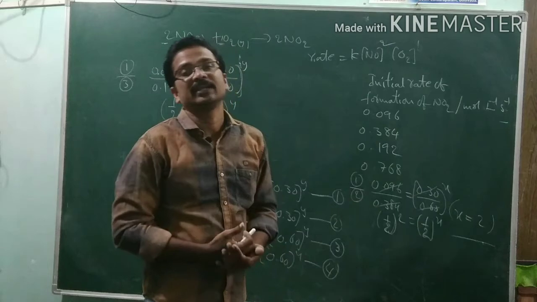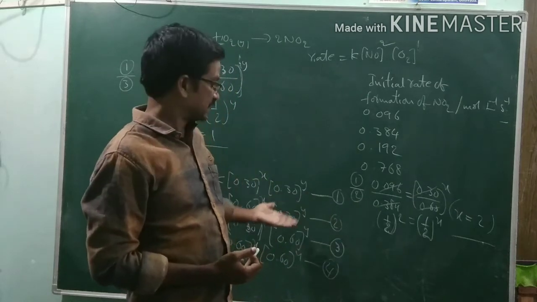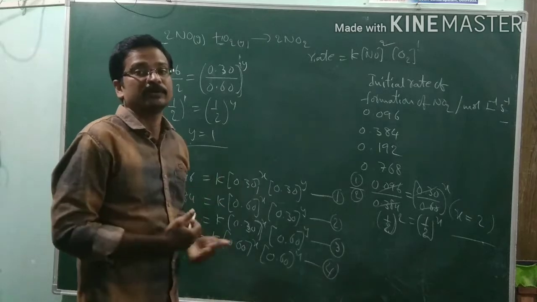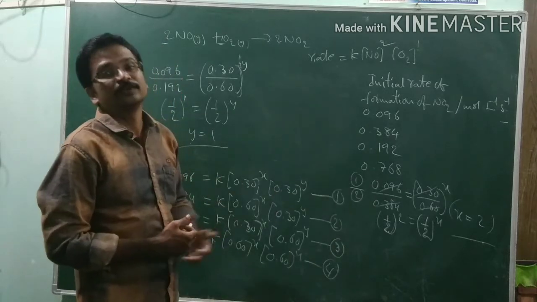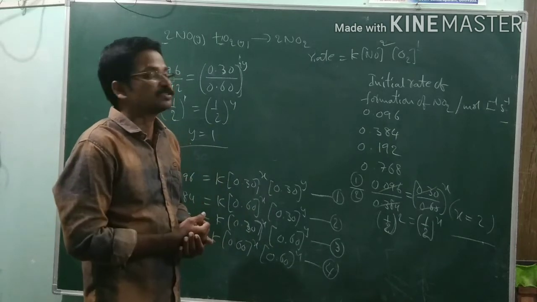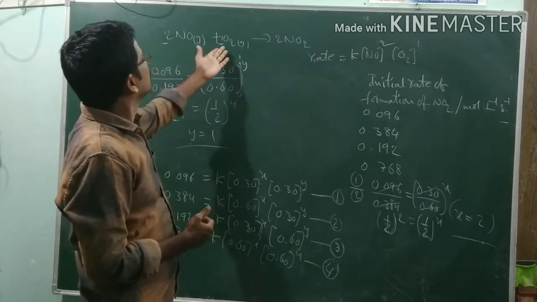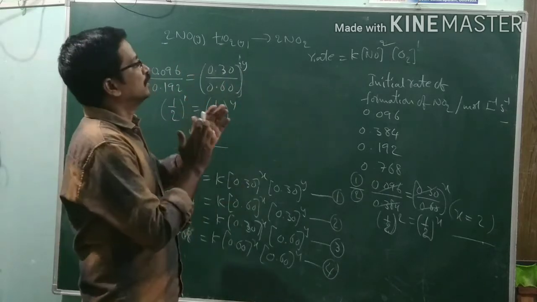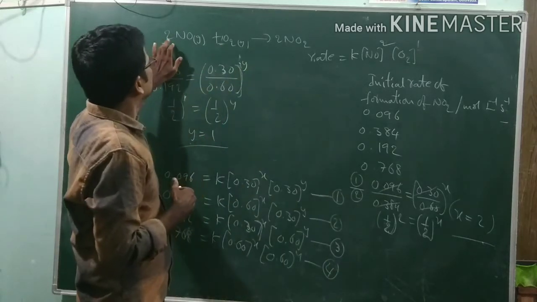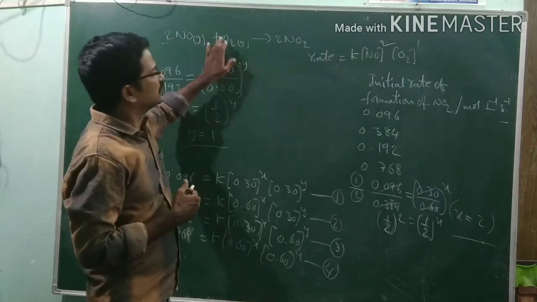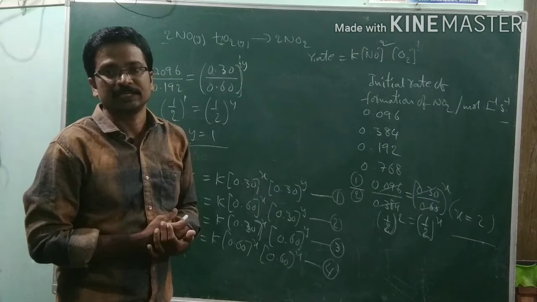We experimentally found out the x and y values by dividing in this way. The x and y values are experimental values, and these experimental values are equal to the stoichiometric coefficients.